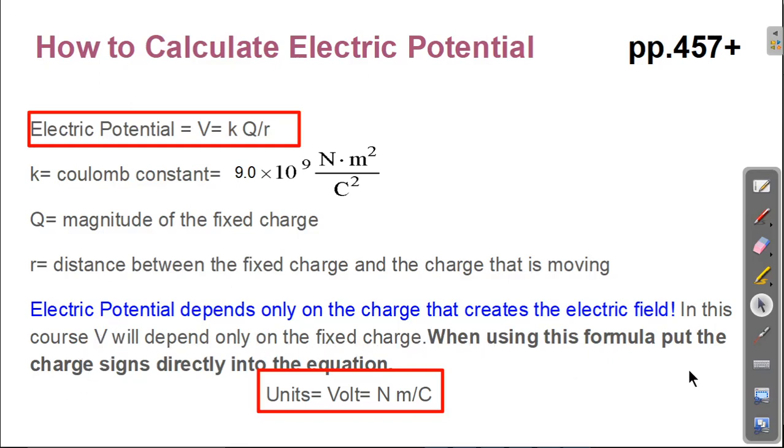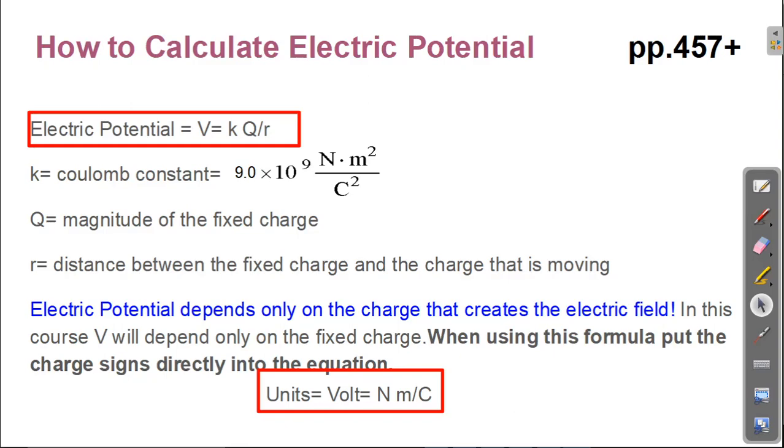When using this formula, put the charge signs directly into the equation. So remember how in the previous module, we used the absolute value of the charge. So if you had a negative charge, you just use the number, the magnitude without the negative in front. But for this formula, for this module, the charge sign, if it's a positive or a negative charge, counts.